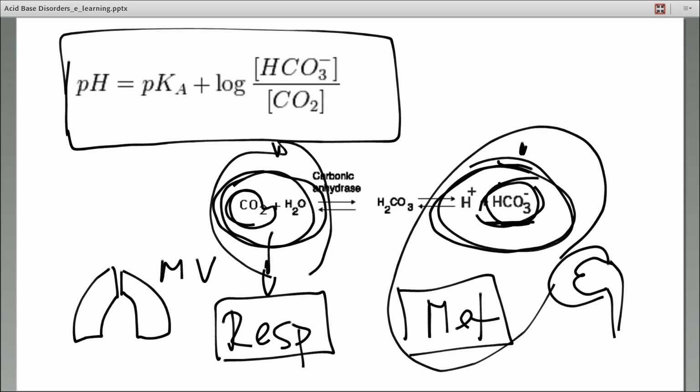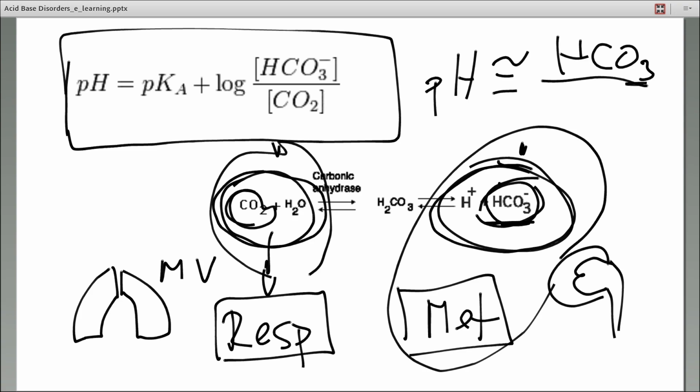You do not need to remember the whole Henderson-Hasselbalch equation, but to be able to interpret a blood gas analysis report, you need to remember a very simplified version of this equation, and that is that pH approximates bicarbonate over CO2, PCO2.